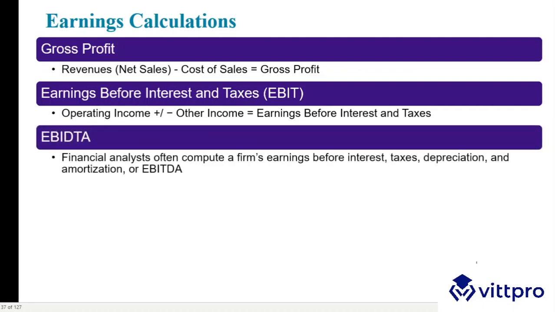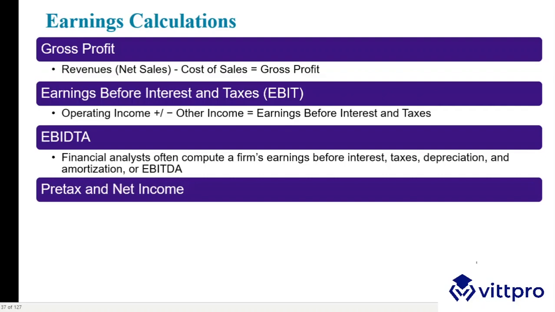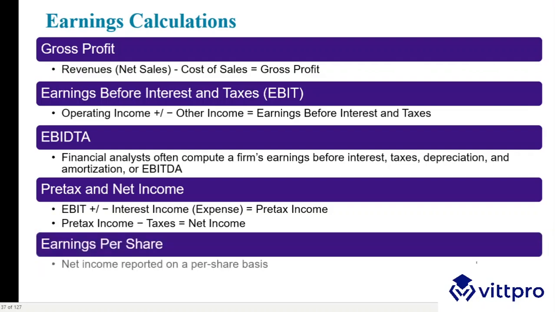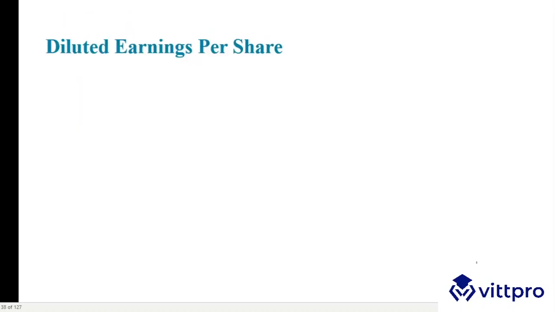Then from EBIT, normally we adjust any non-operating income, but we don't deduct any interest, depreciation or taxes. After we get the EBITDA, we deduct the interest and depreciation to get the pre-tax income. After the pre-tax income, we subtract the taxes to get the net income. So that's the normal flow from the revenue to the net income. And then we calculate the diluted earning per share.